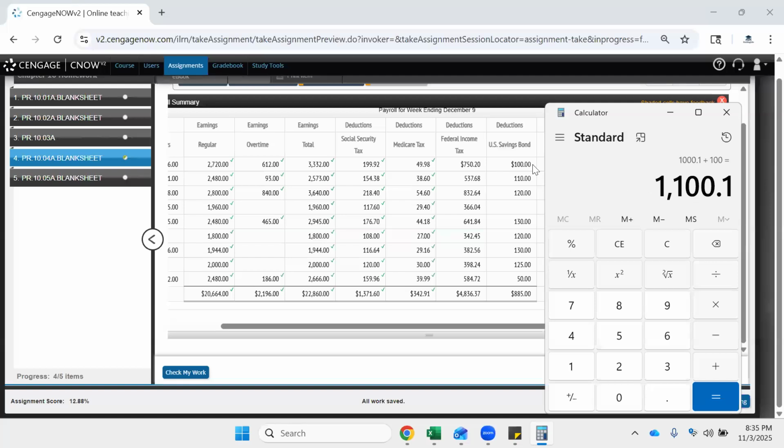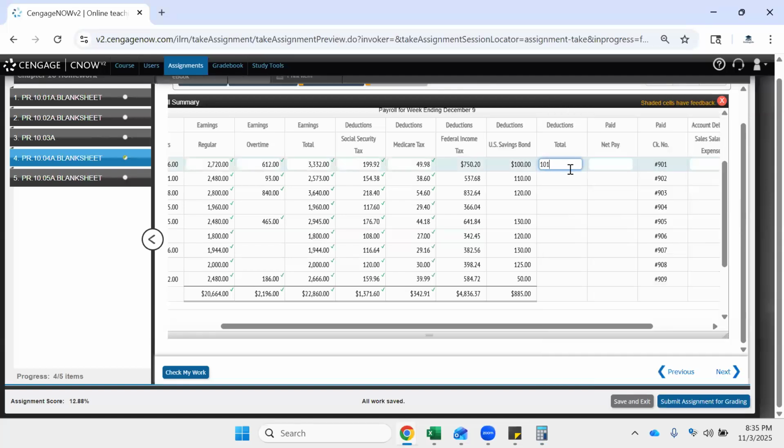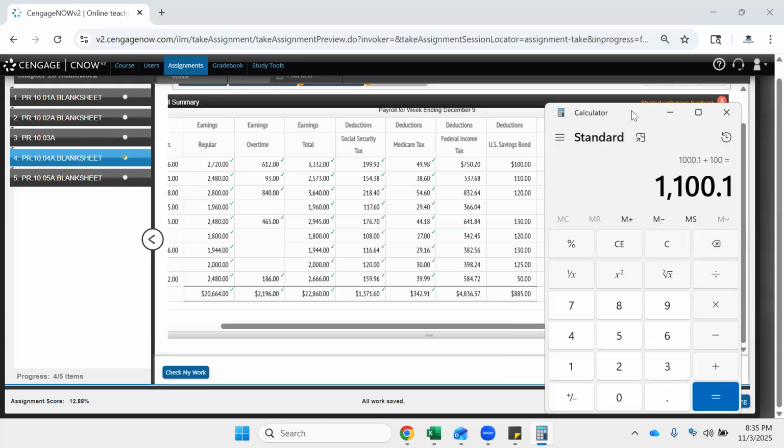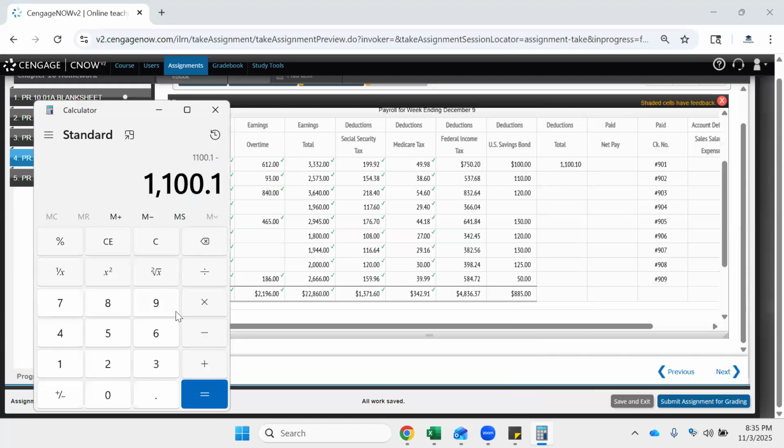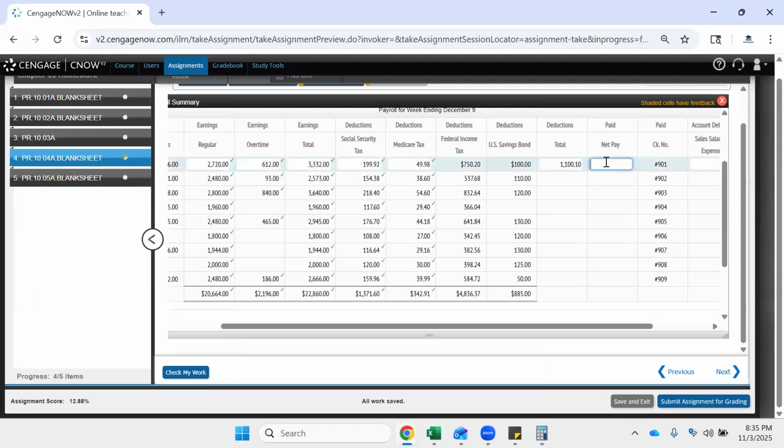That's going to get us $1,110 in deductions and a net pay of $2,231.90.